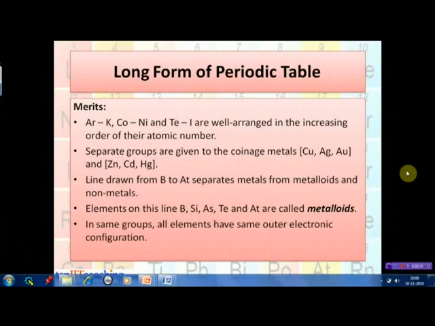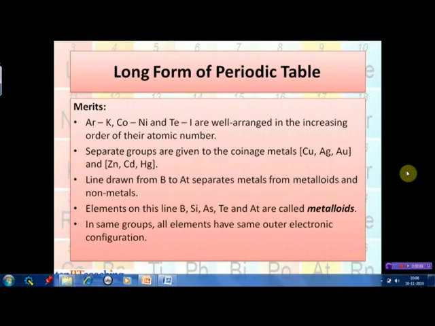The same problem was with the pair cobalt and nickel and tellurium and iodine. But since the modern periodic table follows the increasing order of atomic numbers, these elements fall well into place. Another problem with the earlier tables was that certain elements with dissimilar properties were placed together.